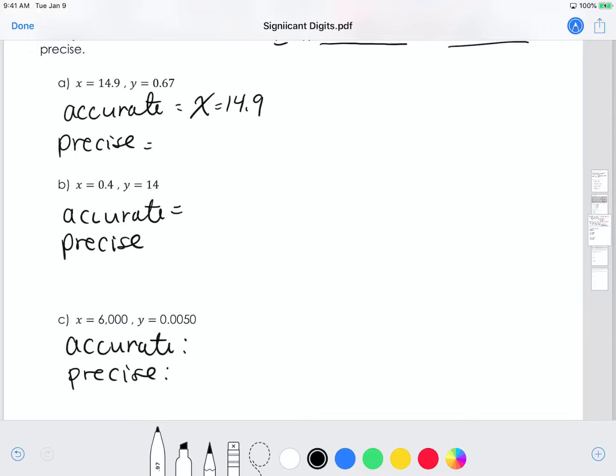Now, because the 0.67 has 2 values to the right of the decimal, and x only has 1 decimal place to the right of the decimal, then y is equal to 0.67 is going to be more precise. So a number that's more accurate is going to have more significant digits. Let me put that in parentheses here as a reminder.